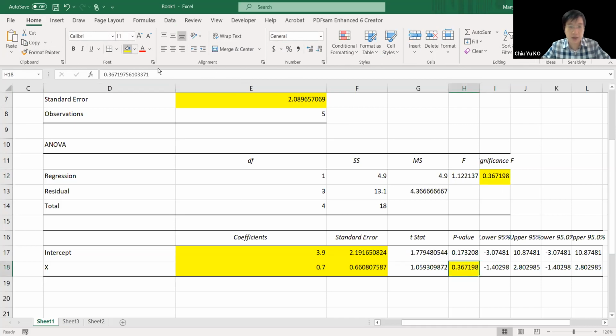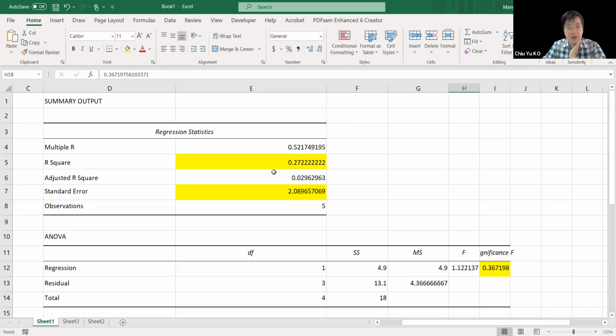ANOVA actually doesn't buy you too much, except you have the R square, because R square is coming from the ratio SSR over SST. You might want to highlight this as well, but this is already given to you here.